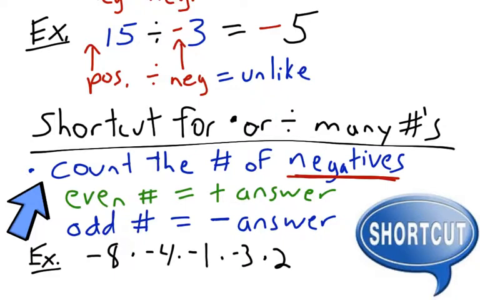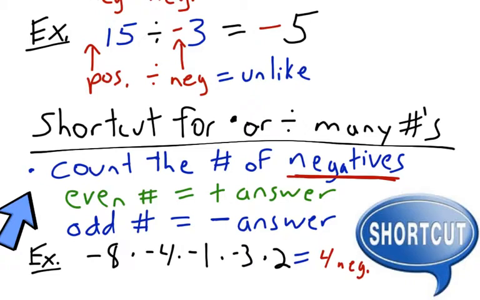Alright, so I don't even need to solve this. All I want to find out is, what is my answer going to be, positive or negative? So a negative times a negative times a negative times a negative times a positive. How many negatives do I have there? 4 negatives.